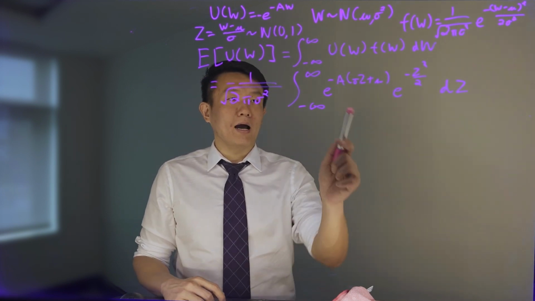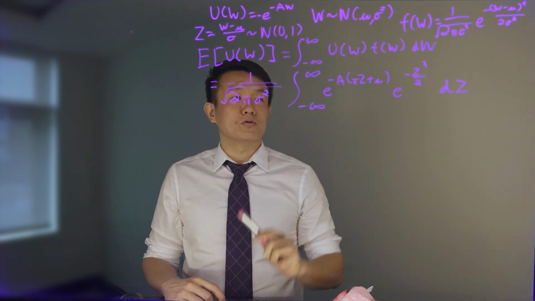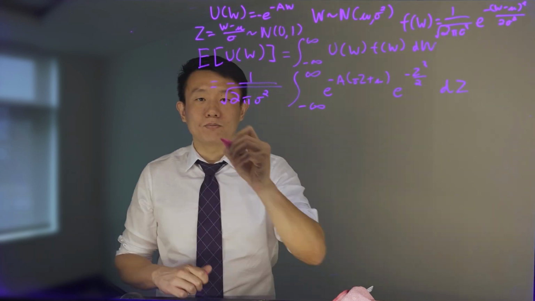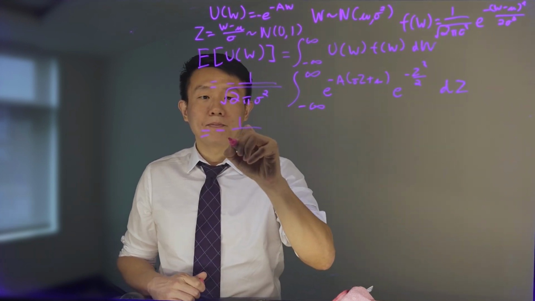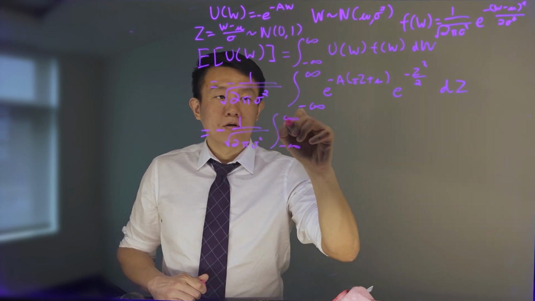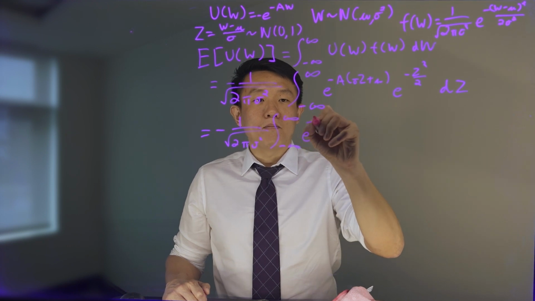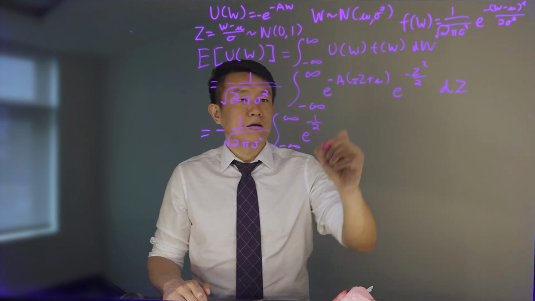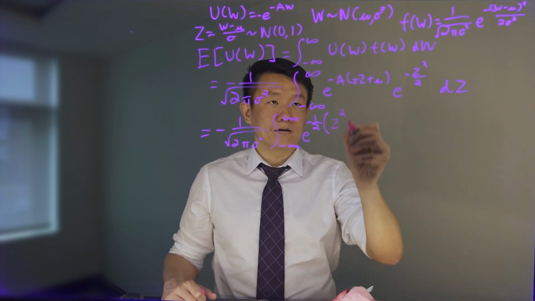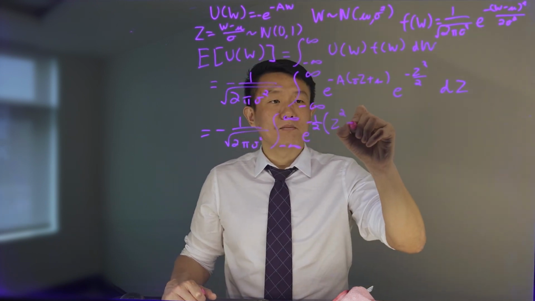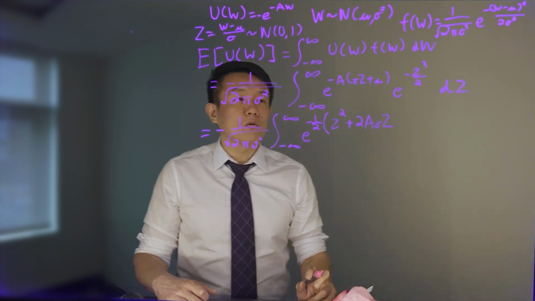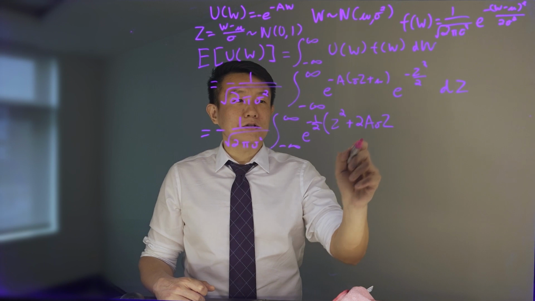Now let's think about what happens when we multiply these two terms. Multiplying these two terms just means we add the exponents. So we're going to do e to the minus 1/2 times, we have z squared here, plus 2a sigma z here. And what we're going to do is complete the square.